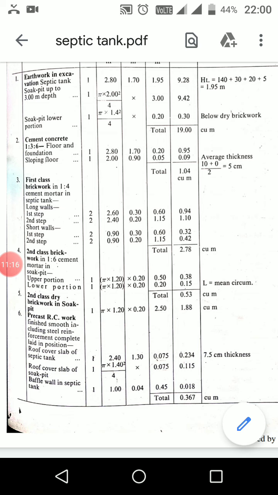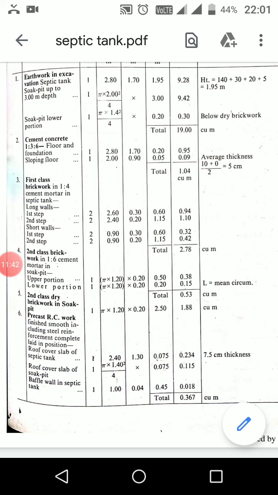That is 20 centimeters. That's why 2.8 into 1.7 into 0.2 you will get 0.95 is the quantity for bed concrete. Then sloping floor, as I told you, one side it is 0 and other side it is 10 centimeters, as it is in the slope of 1 in 20. Okay, so the average height at the middle it is 5 centimeters.